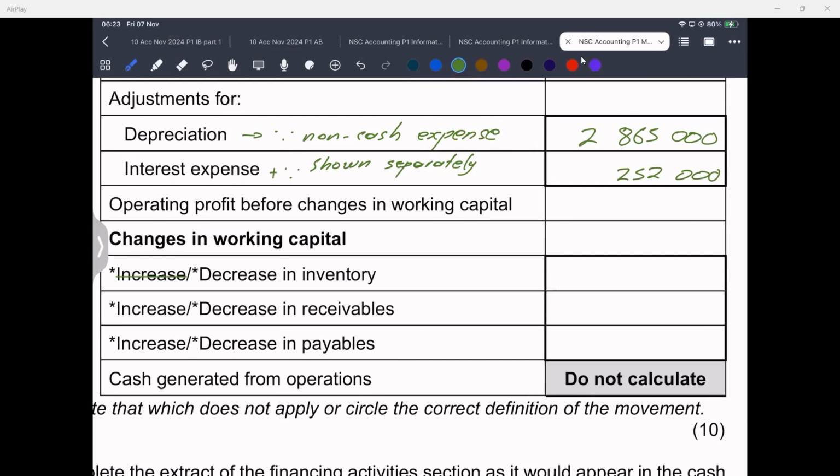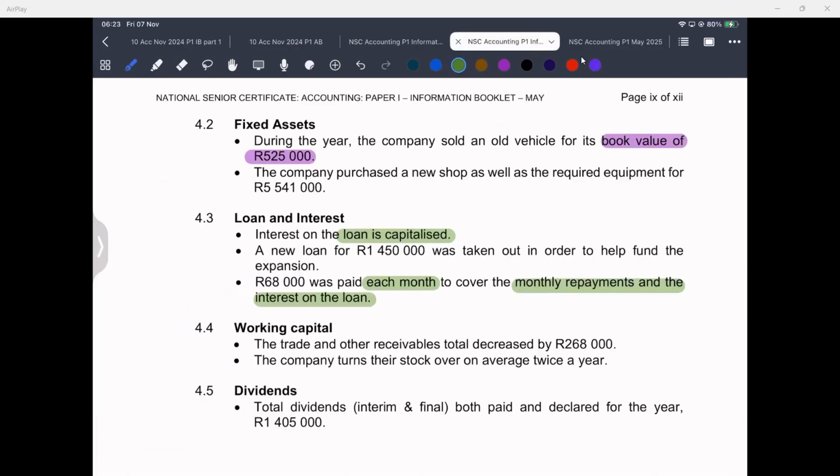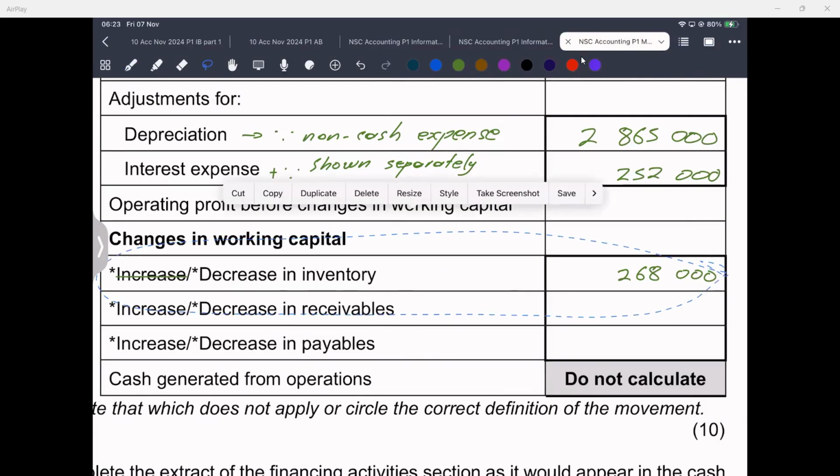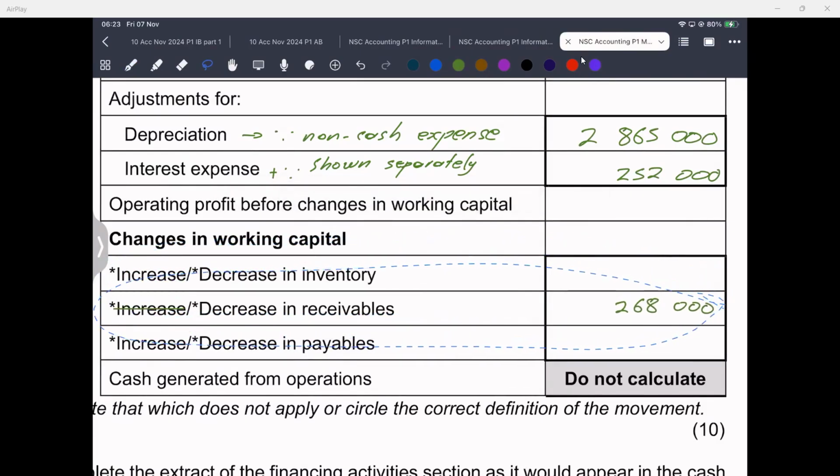If it decreases, it will result in a cash inflow, and it decreased by 268,000. Okay, I'm doing this in the wrong row. Got it?